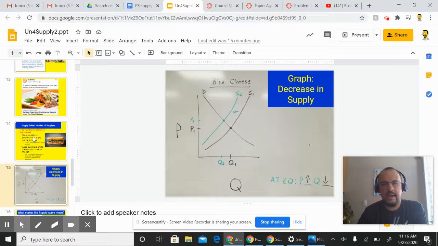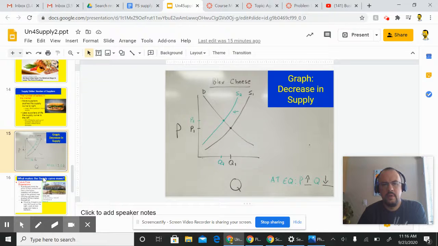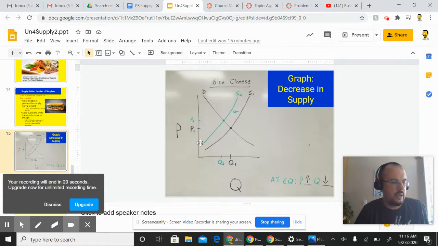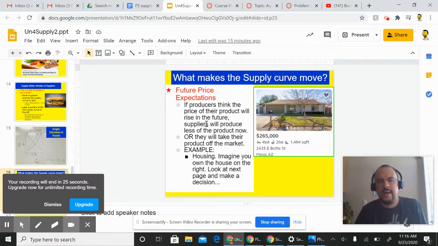Here, I have a graph that shows a decrease in supply for blue cheese. So again, for decreasing supply, you can use this as your model, and you make your graphs look like this. This one's perfect. I only have 30 seconds left, so just use that as your model.